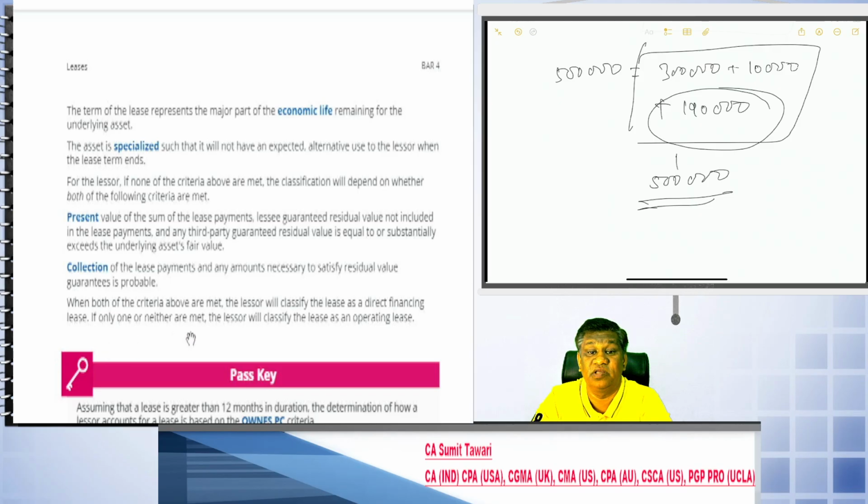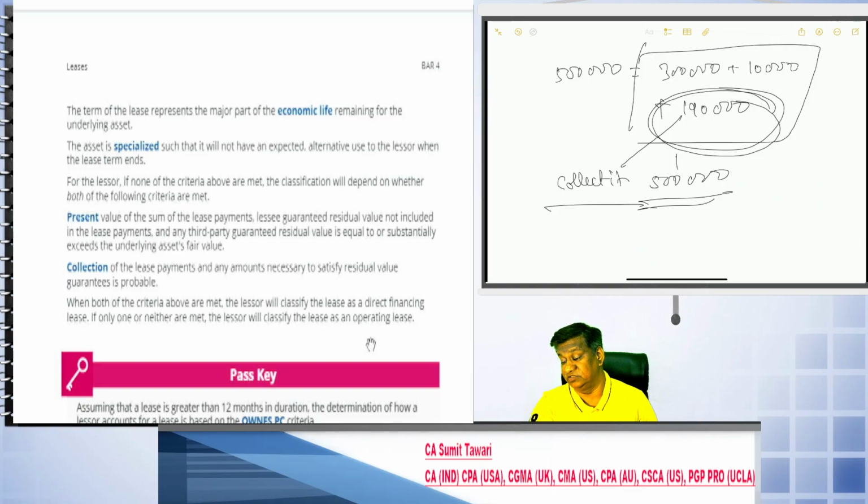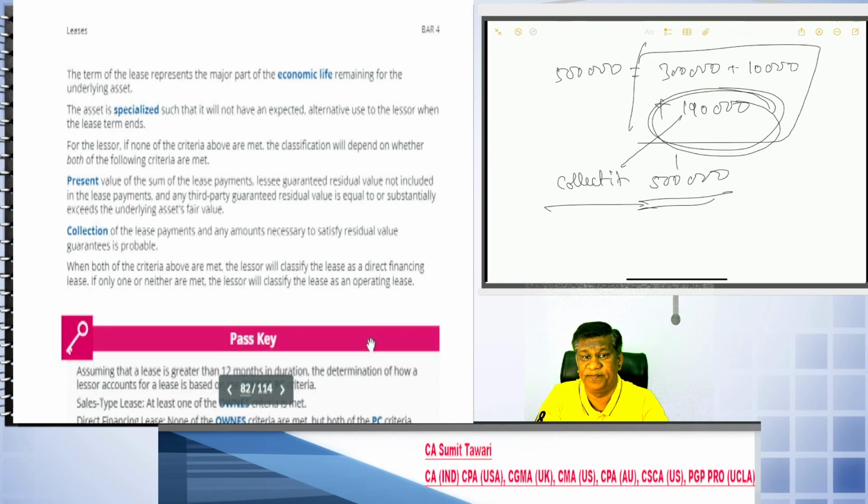If only one or neither is met, the lessor will classify the lease as an operating lease. Means first this 190,000 should be covered, and second we can collect it. Then and only then we need to consider it as a finance lease. Okay, if we cannot collect it, in that situation we should consider this as an operating lease. Clear?